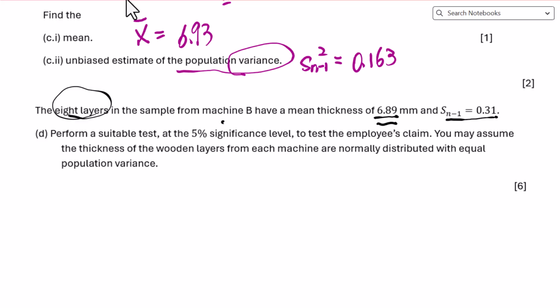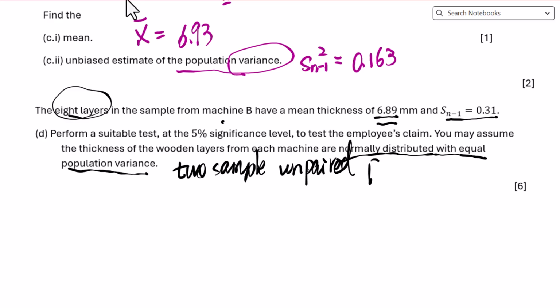Perform a suitable test at the 5% significance level to test the employee's claim. You may assume the thickness of the wooden layers from each machine are normally distributed with equal population variance. This is a 2-sample unpaired pooled t-test.